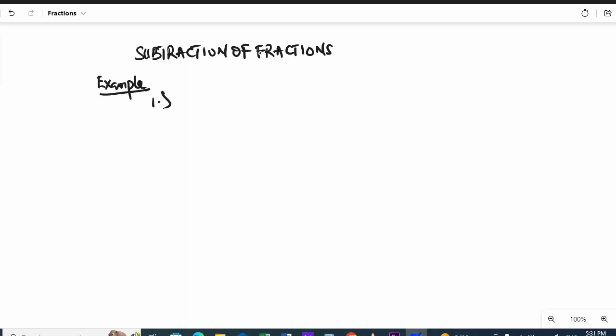Okay, so let's say the first one is 3 over 5 minus 1 over 2, or half. Second example is 4 over 3 minus 3 over 4. And third example is 5 over 6.